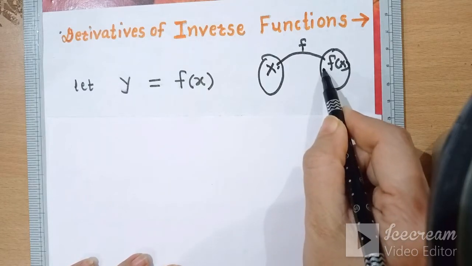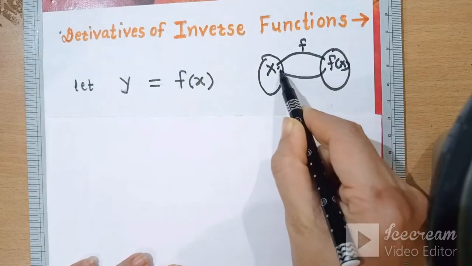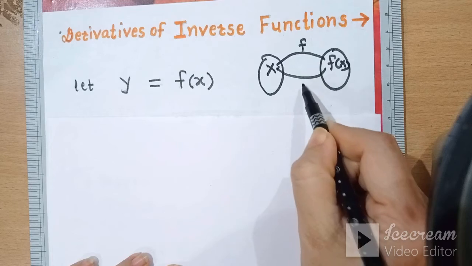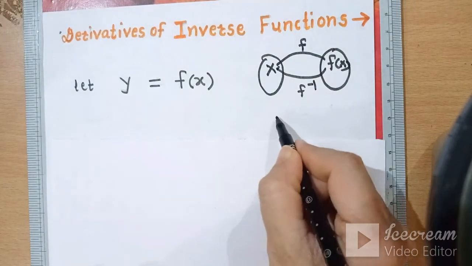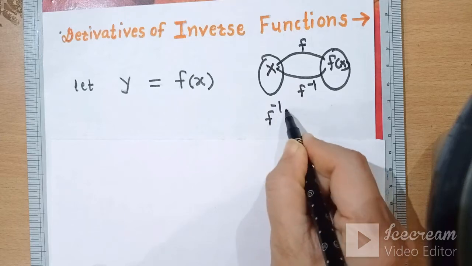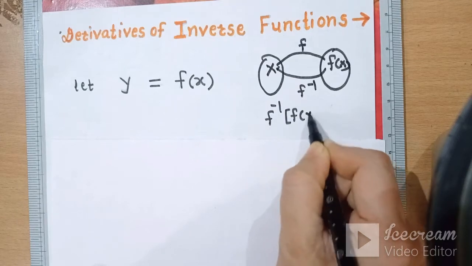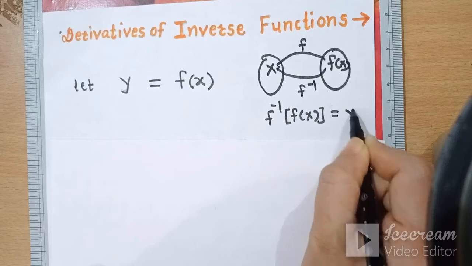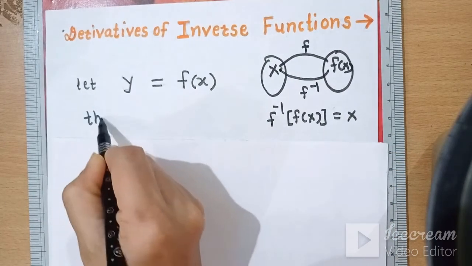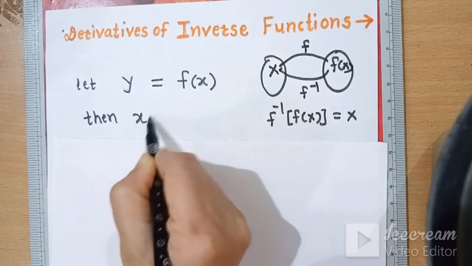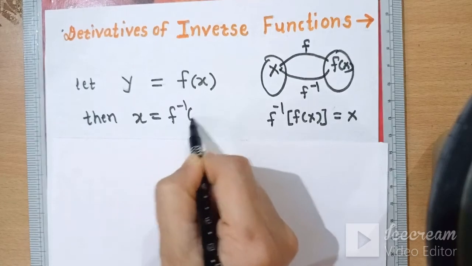Now the function f inverse would take you back to x. So in this case we can write f inverse of f of x is equal to x. So here we can write x is equal to f inverse of y.